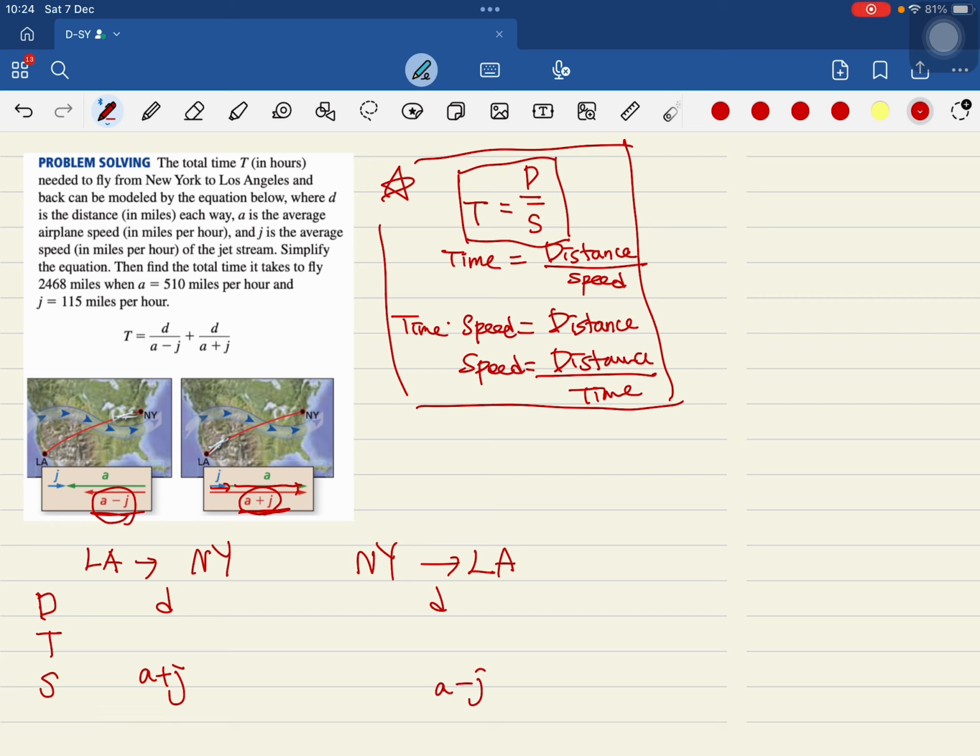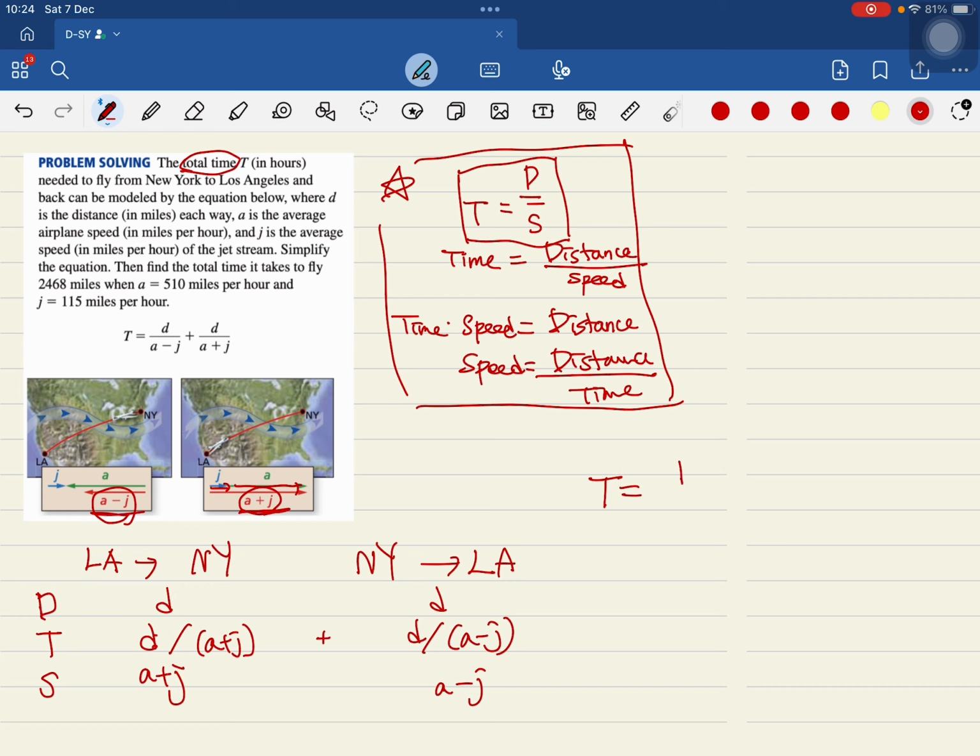Time is D over S, so D over A plus J, and D over A minus J. The question is about total time, so we need to add them together to see the total time of flight.